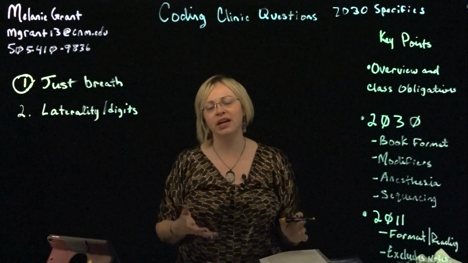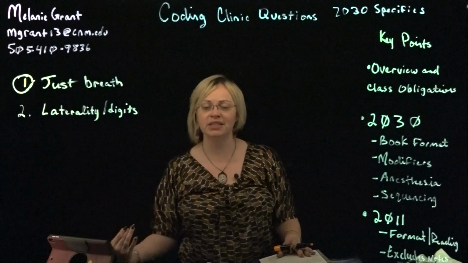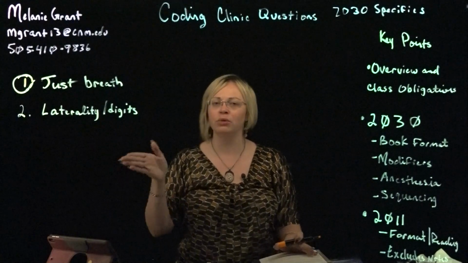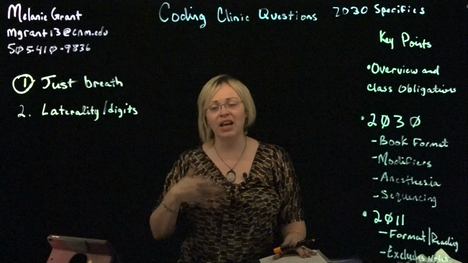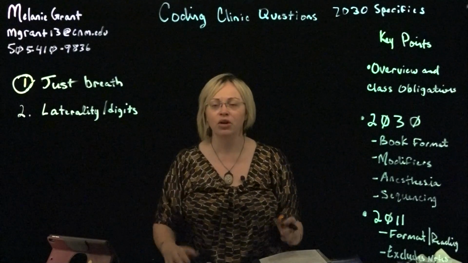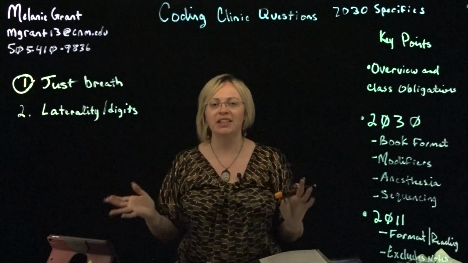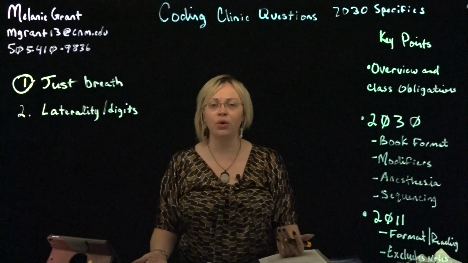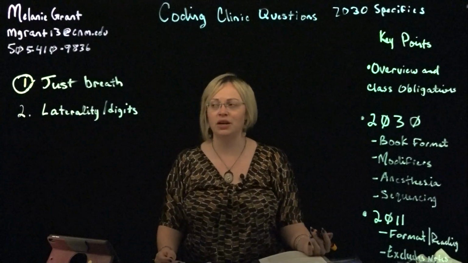A scope done to one of the ears when the procedure indicates that it's done on both ears would not require laterality, but rather would require reduced services. However, a procedure done to one ear, and it just says one ear, would require laterality because there are two ears. If that's not clear as mud, that's okay. You're learning this as you go, and it's something that coders are constantly learning and updating their knowledge base on.